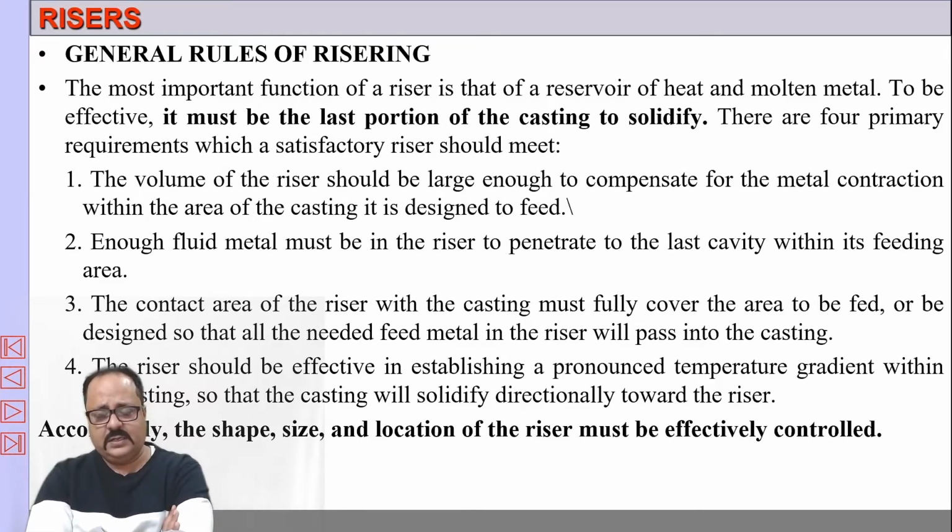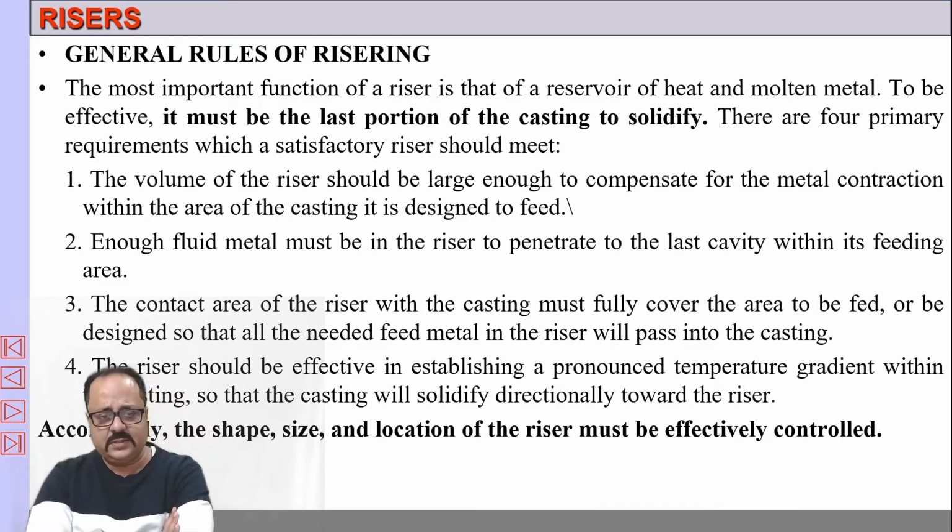It is very important that the riser should be designed in such a way that the metal in the riser solidifies at the end. We can of course provide thermal covering and so on, but by design the riser should solidify at the end.